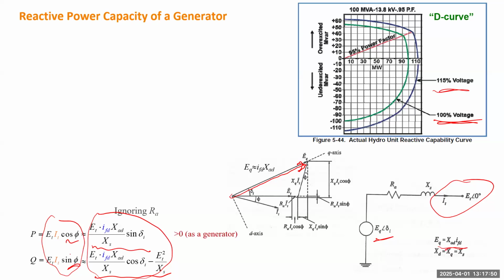Okay. For a generator, we always assume P to be positive. For Q, if it's positive, we call it over excited condition. If it's negative, we call it under excited condition.